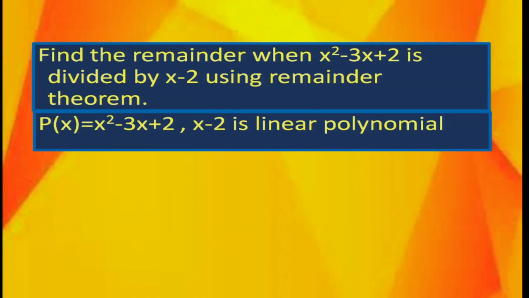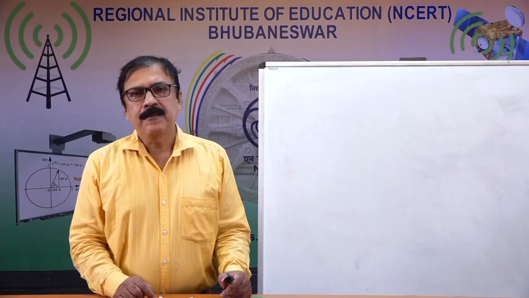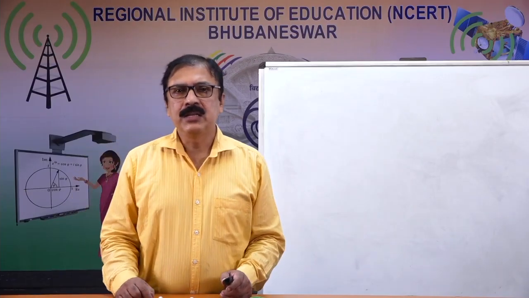So we have P(2) equal to 2 square minus 3 into 2 plus 2. 2 square is 4, minus 3 into 2 is 6, plus 2. This gives 4 minus 6 plus 2 is equal to 0. That means the remainder is 0.